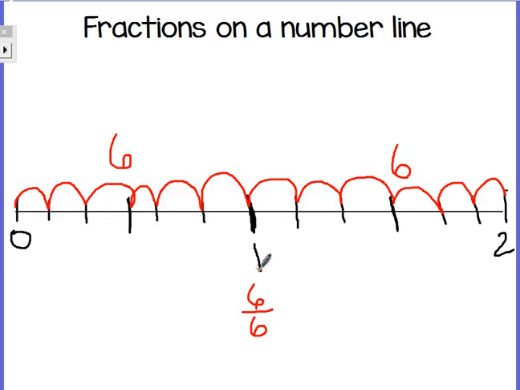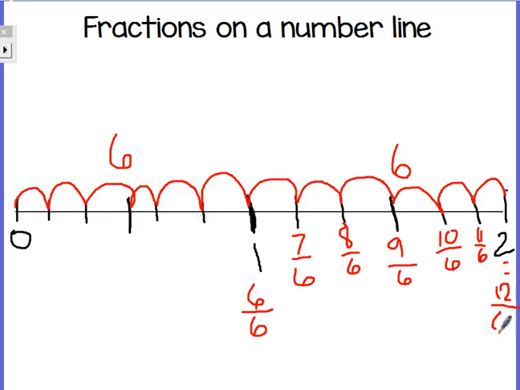When students count after the whole number 1, they could do that in 2 ways. After I say 6/6, that means I've counted 6 pieces that are the size of 1/6. I would count 7/6, 8/6, 9/6, 10/6, 11/6, and 2 is equal to 12/6.